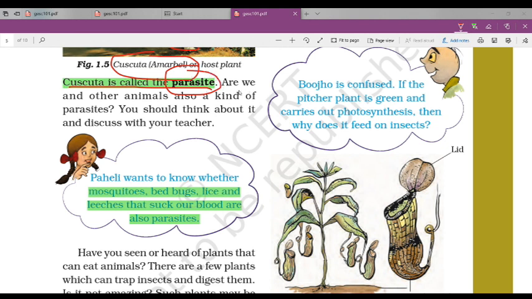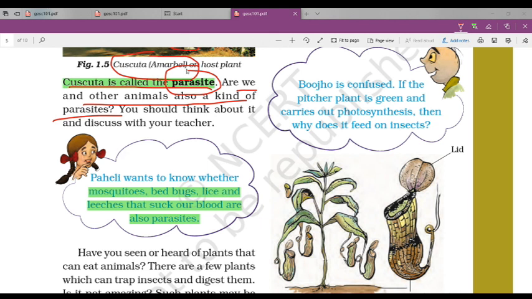Now the question is, are we and other animals also a kind of parasite? No, bachcho, we are not parasites. There are so many reasons. We humans are totally different. We humans give shelter to plants and other animals and help them grow.